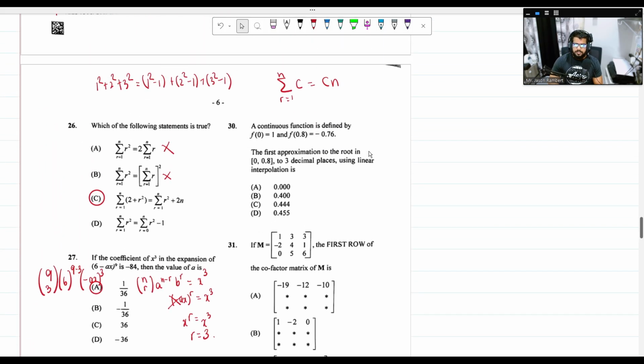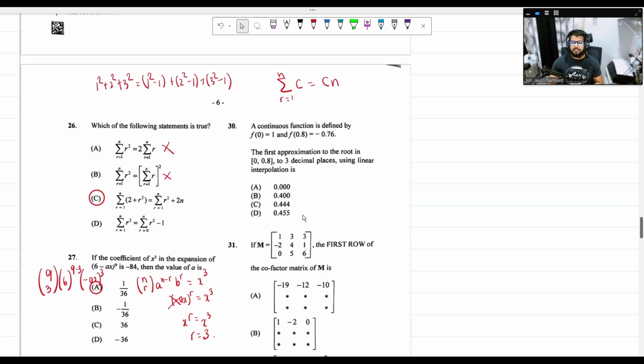A continuous function is defined by f of 0 is that and f of 0.8 is that. Using the first approximation to the root to 3 decimal places, using linear interpolation.